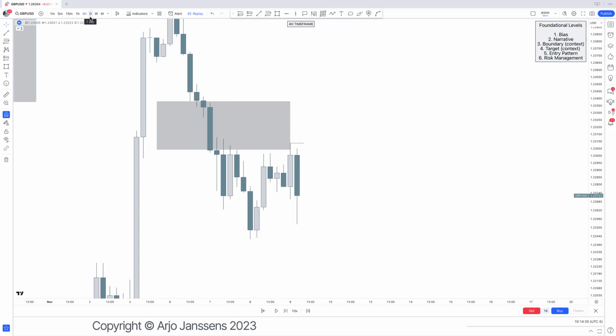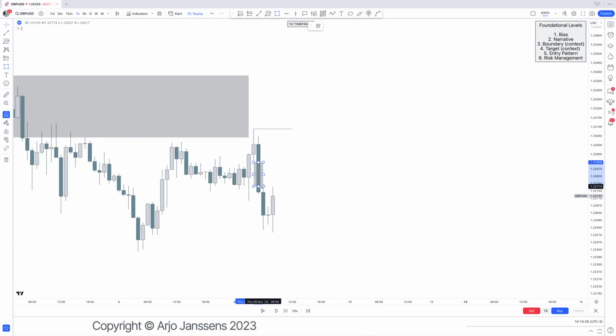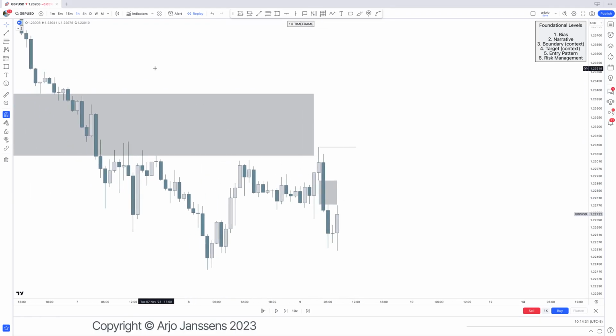That is when we can now look at our entry pattern, which on the 1 hour right there is this fair value gap and fair value gap below that as well, which means that the 1 hour is also in context right now, which means that all time frames are in context because the 4 hour is in context here, the daily is in context, the weekly is in context, and the monthly is in context.